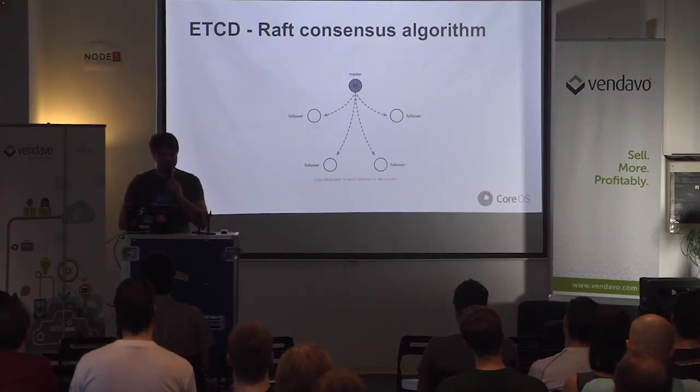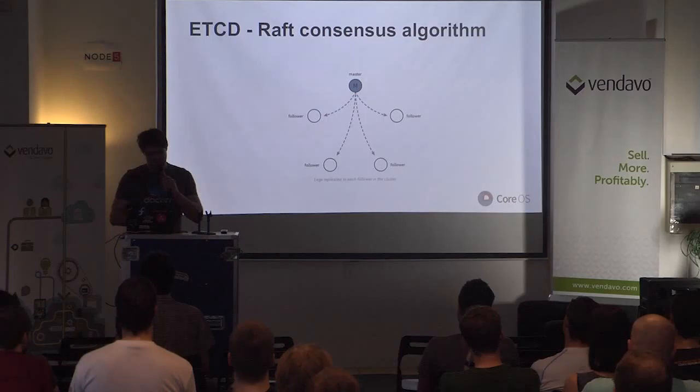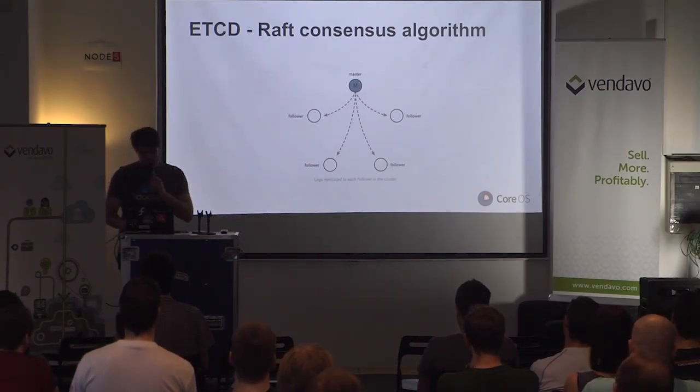So, anyone used some database like that? It works in that it needs the majority of the nodes to be up to elect a new master if the master fails. It's really good to know, for your operations, how that works.